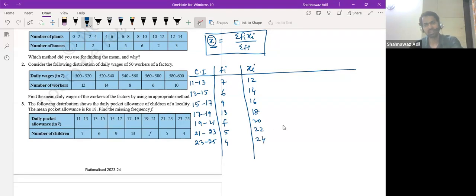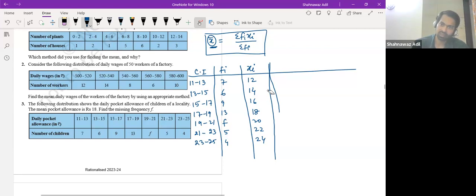We can use this assumed mean method also, right? But it is already given that the mean is 18, so we should not use that. Now let us find out fixi.